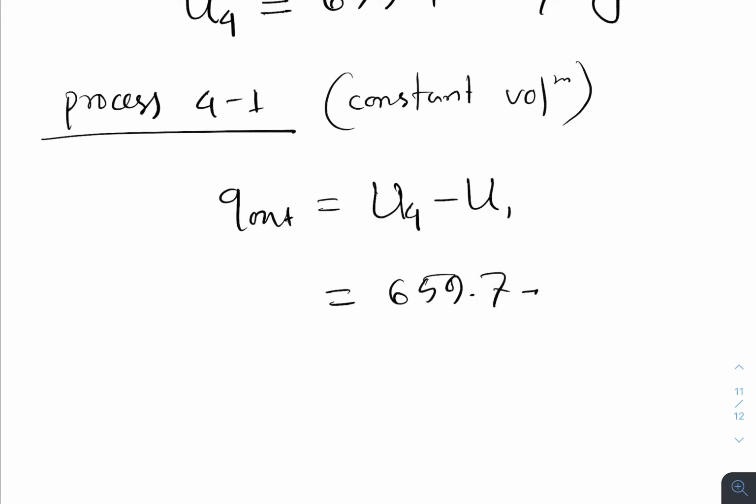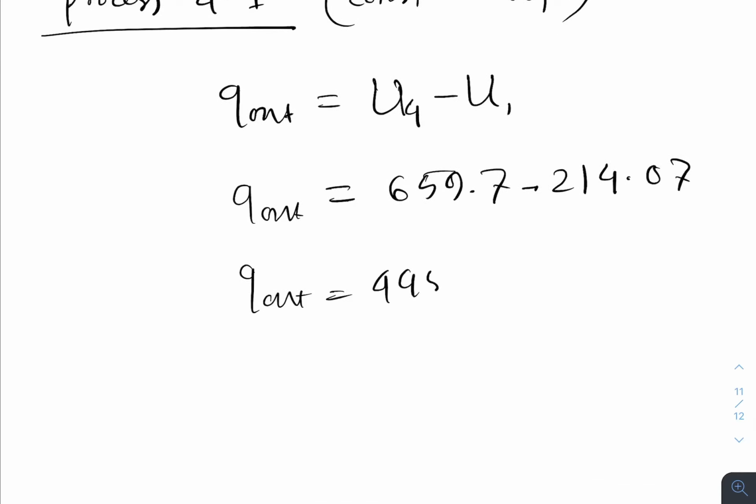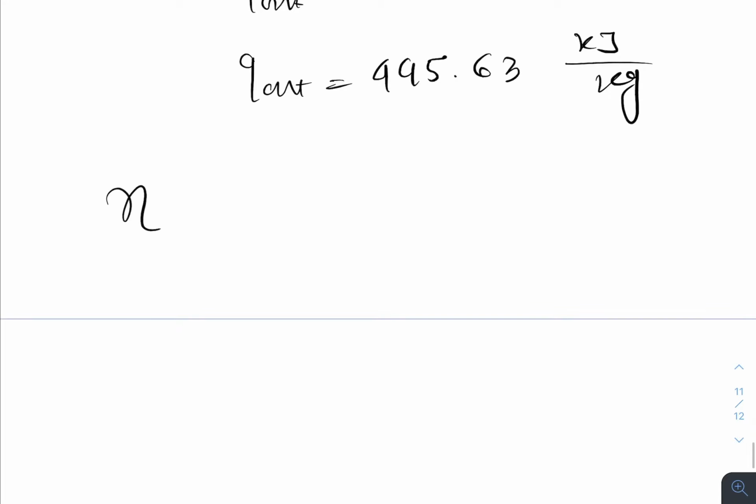We have all this information: 659.7 minus 214.07. So Q out will become 445.63 kilojoule per kg, right?